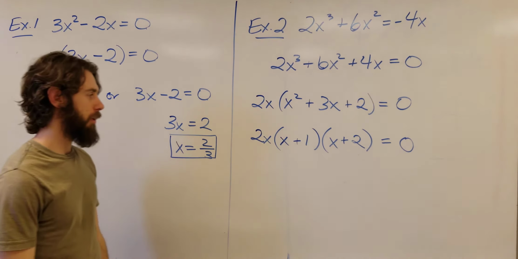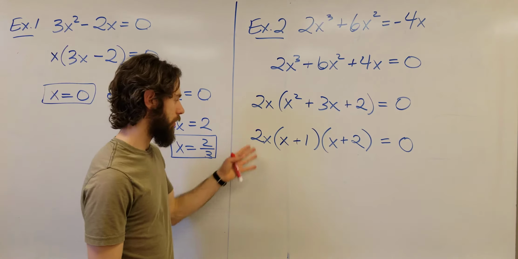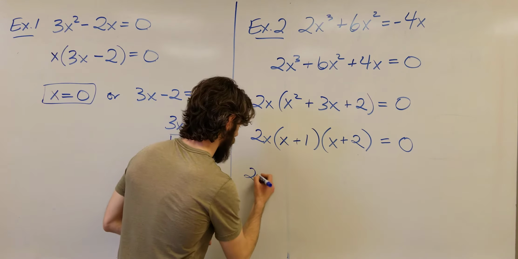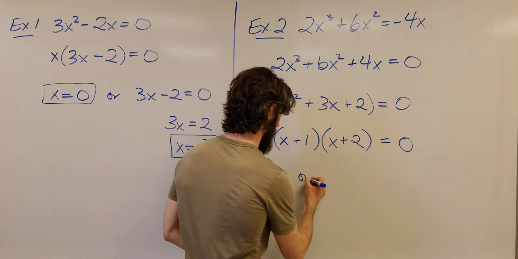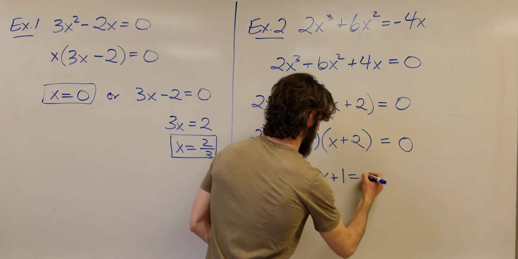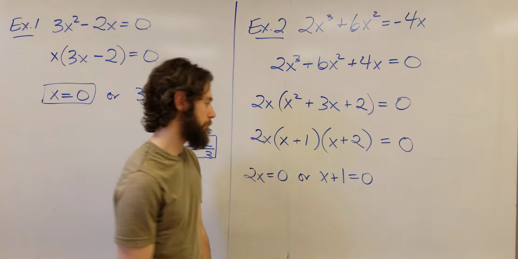Okay, and now we're ready to use the zero product rule. We're completely factored, so let's split them up. This becomes 2x equals 0, we get x plus 1 equals 0, and then we get x plus 2 equals 0.